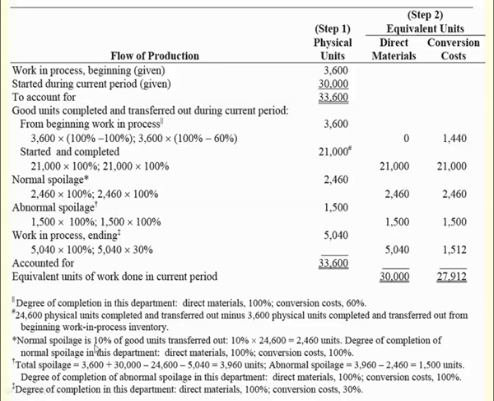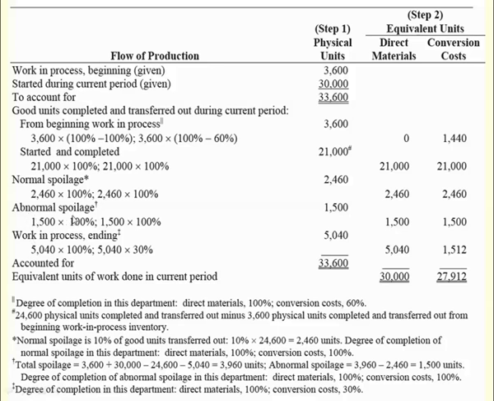Normal spoilage is 10% of good units transferred out, so 10% multiplied by 24,600 equals 2,460 units, and they are 100% for direct materials and 100% for conversion costs.